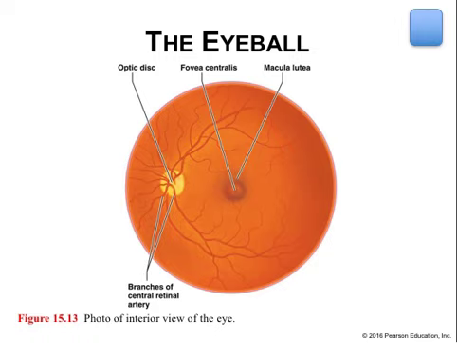Other features include the ora serrata, which is a serrated anterior margin of the retina between the anterior edge of the retina and the posterior edge of the ciliary body, creates a visible line, and is one of the two points of physical connection of the retina to the eyeball, the other being the optic disc.